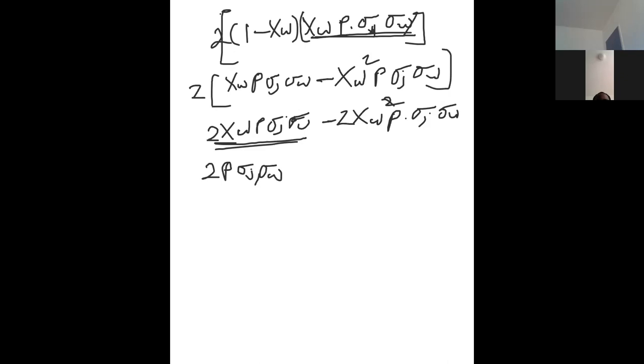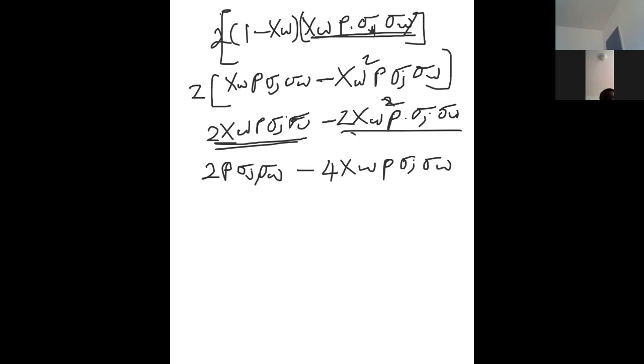Now, when I come to the second component, when I differentiate with respect to XW, the 2 here will come here, making it 4, minus 4 XW correlation, this J, this W. Is that okay? Yes. Great.